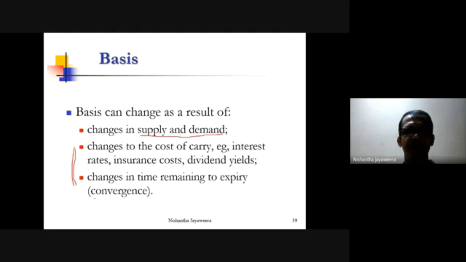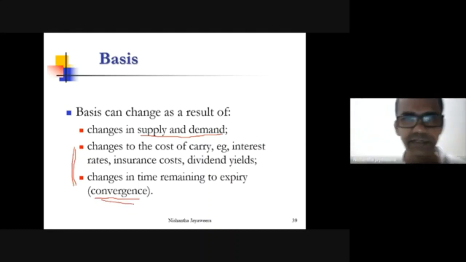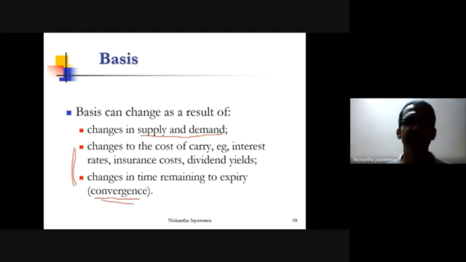Therefore, we observe this convergence. So all these three main factors result in changes in basis. Two of them are very clearly included in the model. Only supply and demand you cannot see through the model, but it is inherent in the market.